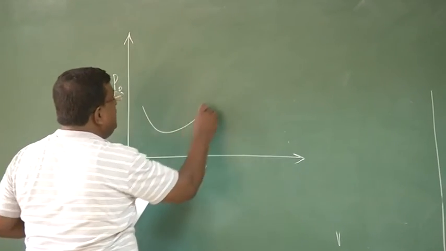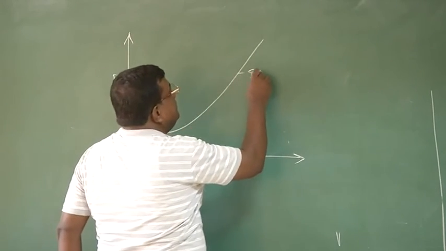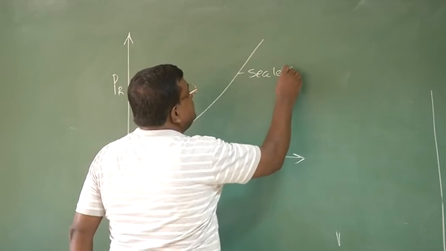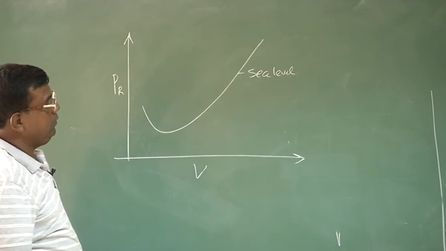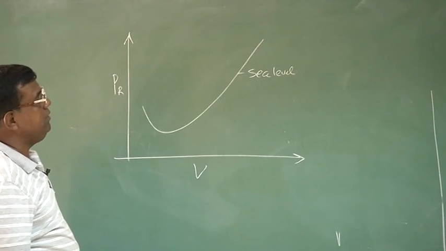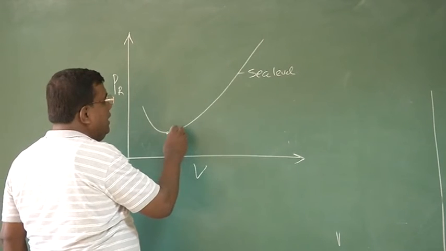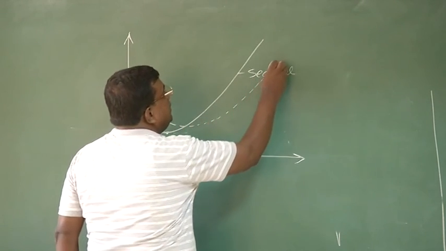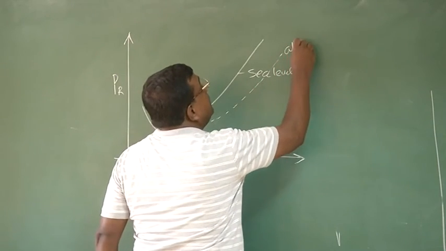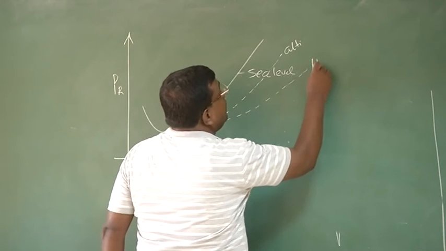Suppose this was the sea level condition. Now I can see from there, as I fly at a higher altitude keeping the same CL, the velocity which was here, now I require a higher velocity, so you will find the graph. This is altitude, then further this is higher altitude.